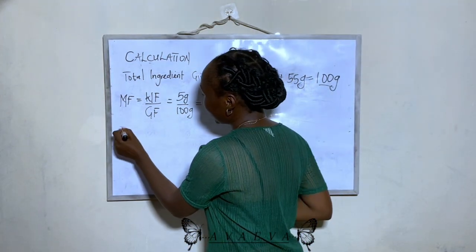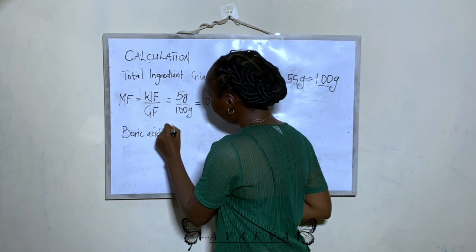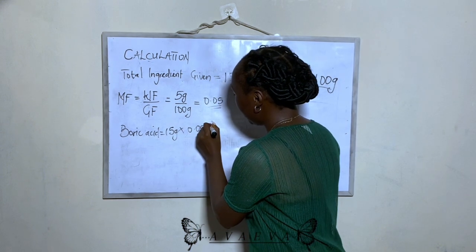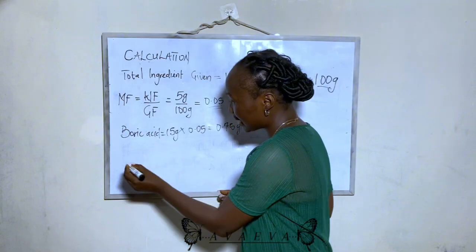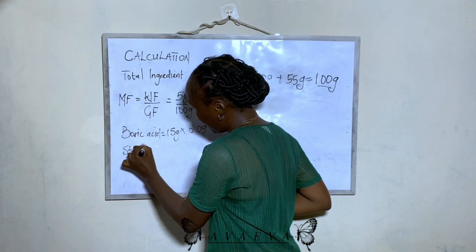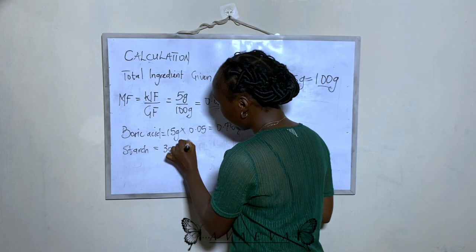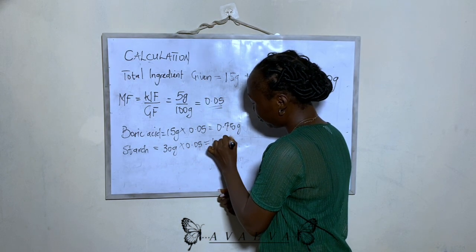Now you have to multiply this with each ingredient given. First is boric acid, which is 15 grams times 0.05. You have 0.75 grams. Next is starch, which is 30 grams times 0.05 will give you 1.5 grams.